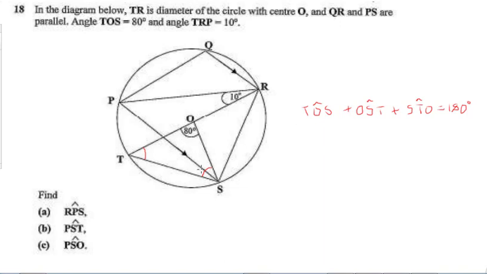But we know that these two angles are the same. Angle OTS and angle OST are the same. So we can say TOS plus OST plus STO equals 180 degrees. So now when we look at this, the angles there are the same. So angle OST and angle OTS are the same.